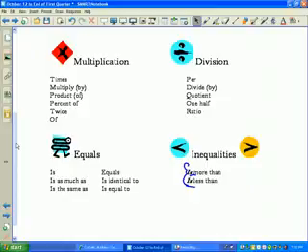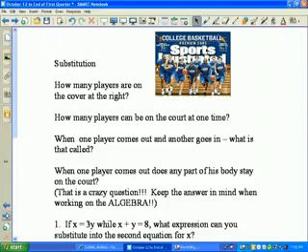So after we did that activity with our terminology, we talked a little bit about substitution. So here's a copy of Sports Illustrated back in 2005. And if I'm not mistaken, I think this was Duke. And since it's basketball season for me, it just seems appropriate to use basketball lingo. So the first question asks, how many players are on the cover at the right?